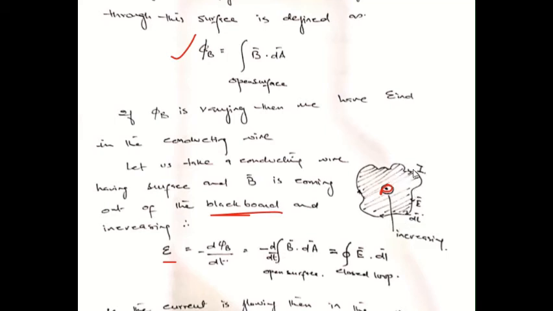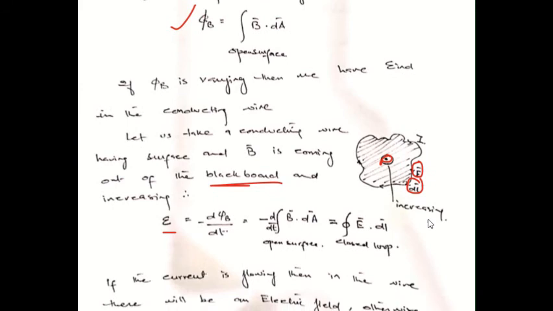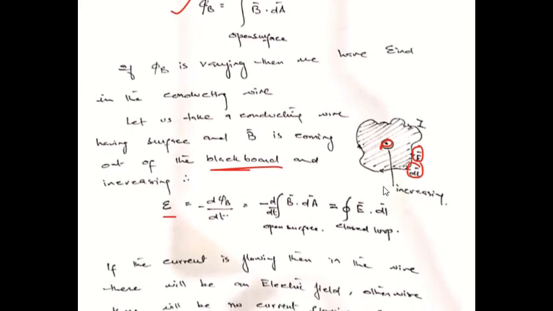Now, as the current is induced in this closed loop, because of the presence of the current, we have an electric field, and the direction of the electric field is in the direction of this length element, and the current, electric field, and dl are all in the same direction. So, for this closed loop, we have this closed integral E dot dl, and all of these tell us about Faraday's law.